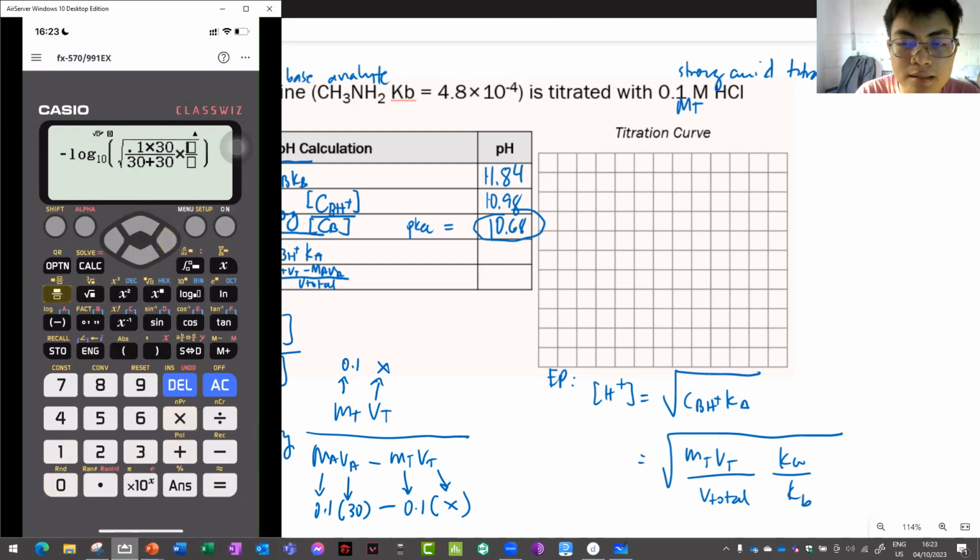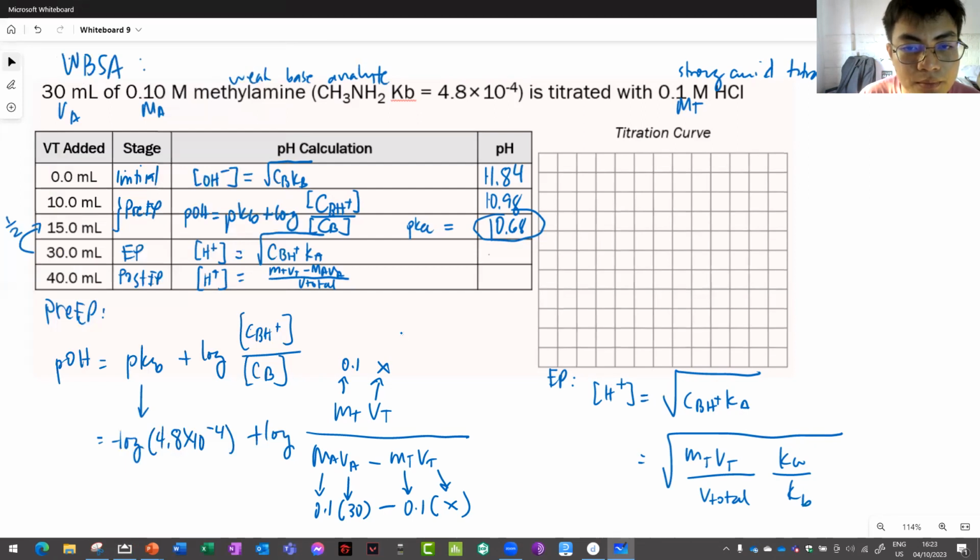Times, let's multiply this by the Ka, which can be calculated as the Kw, 1 times 10 raised to negative 14 divided by the Kb. That's 4.8 times 10 raised to negative 4. When I press equal sign, pH na yung lalabas. 5.99. And ano yung sabi ko kanina? So it's 5.99.